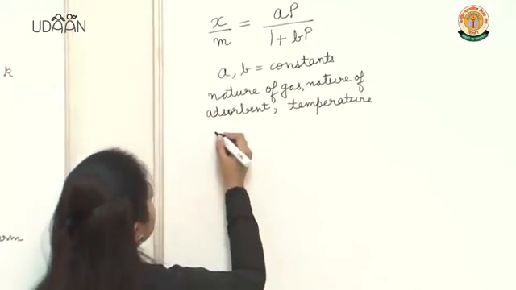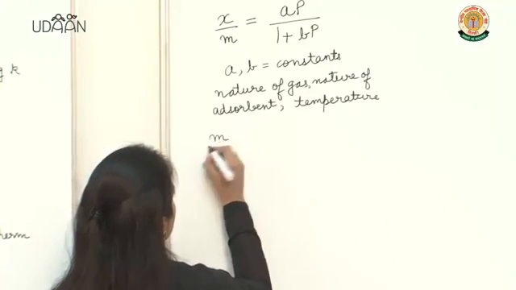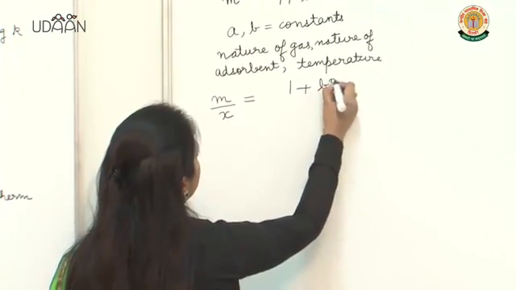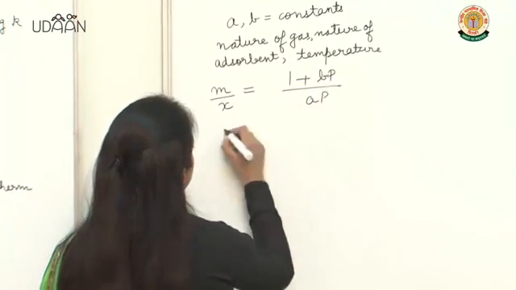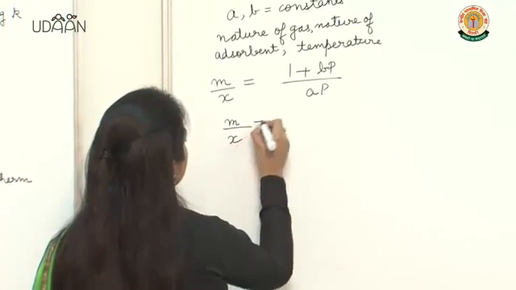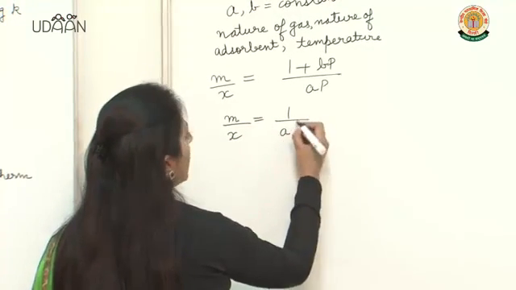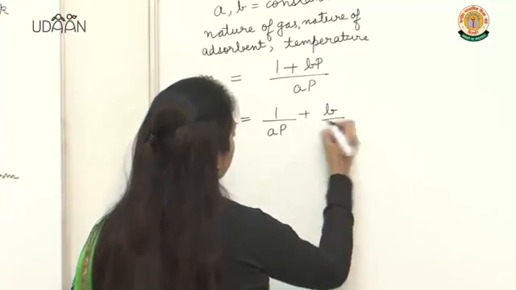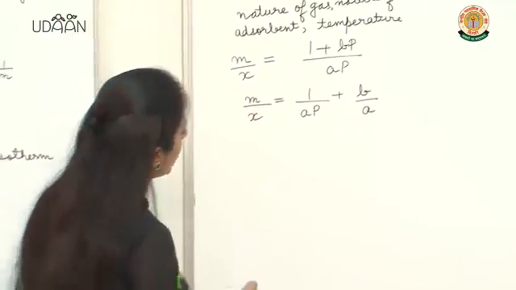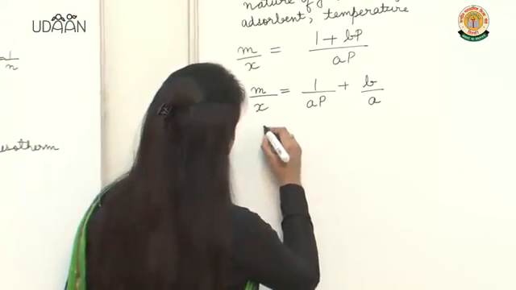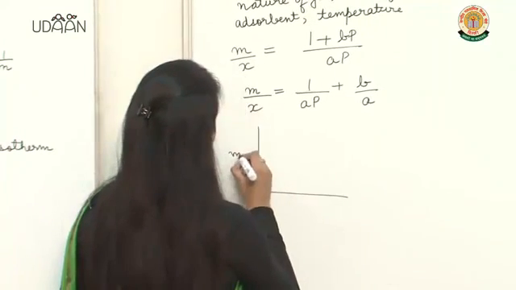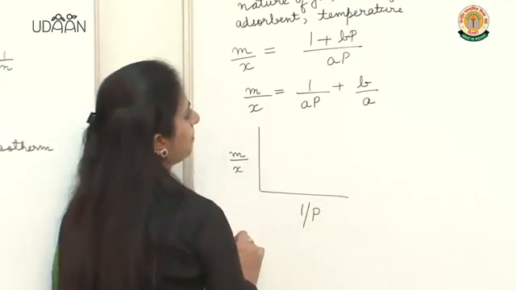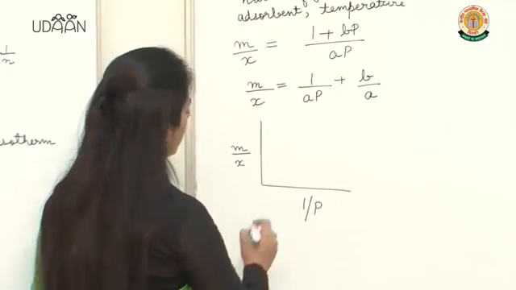So when I plot a graph of m by x versus p, I will have to write it like this: 1 upon a plus b by a. Now when I plot a graph of m by x versus 1 by p, now what is going to happen?